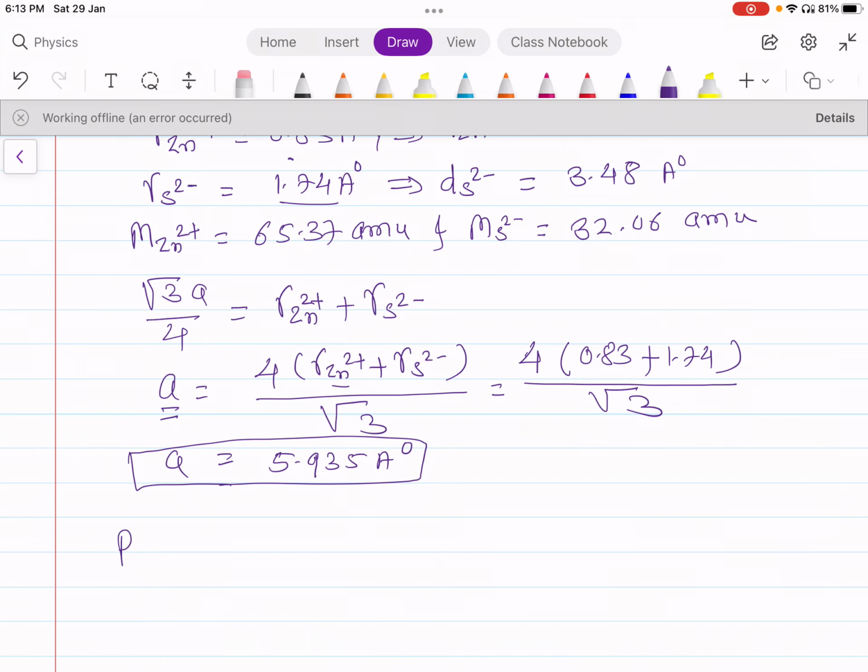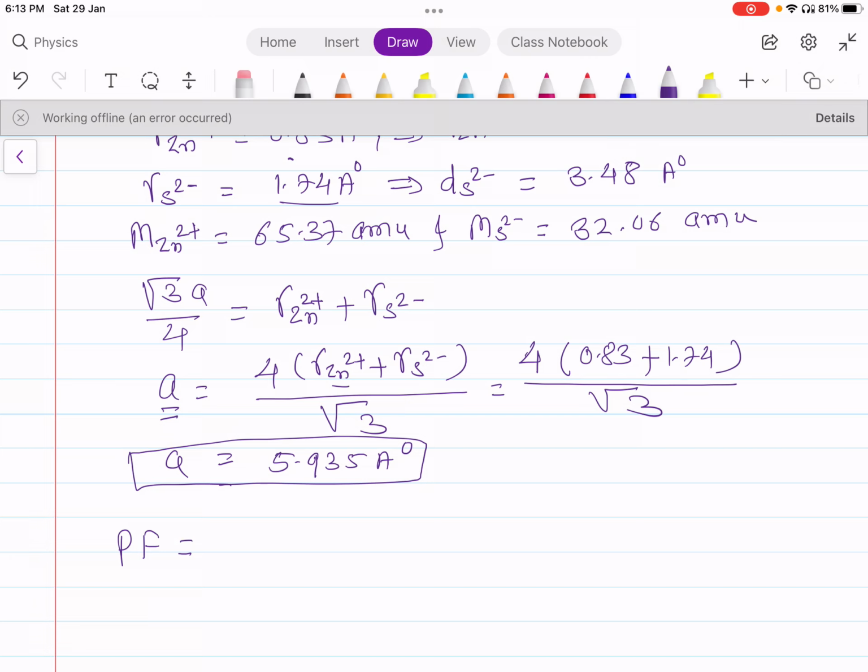Then we have to find packing fraction. To find the packing fraction, we know that there are 4 zinc and 4 sulfur. Total 8 atoms per unit cell in case of diamond type. So in this case, there are 4 zinc and 4 sulfur.